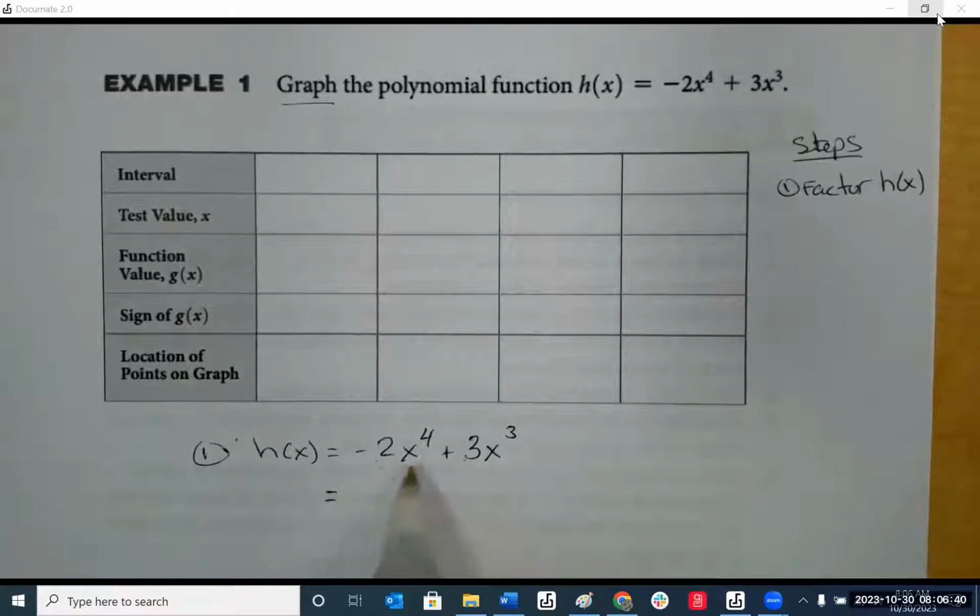You can always take out the smallest exponent, x to the third, so I can take out 3 x's. From the first term, I only have 1 x left, and from the second term, I only have the coefficient, which is 3.